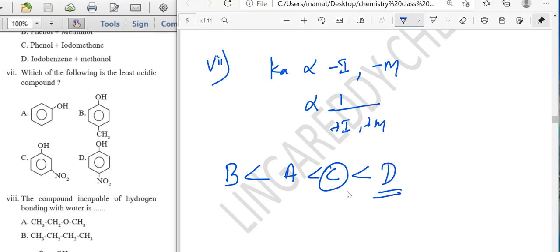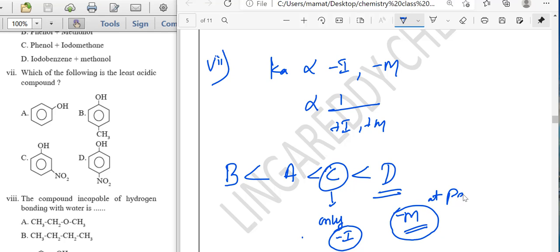How can you distinguish? See, in C only minus inductive group. Here in D minus mesomeric. The group is only NO2, but the NO2 at meta position acts as only minus inductive, but the same NO2 group at para position acts as a mesomeric group, right? So what is the answer? Which of the following is least acidic? Means B is the answer, right?